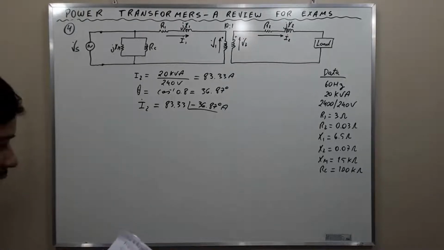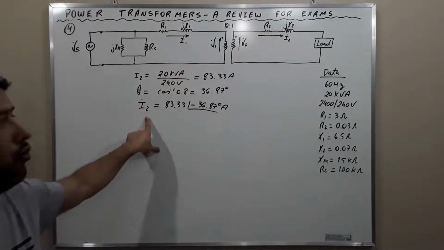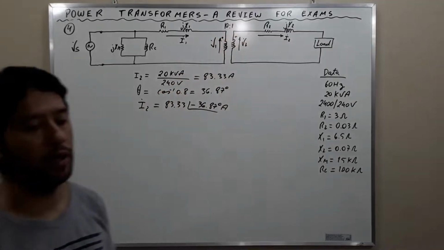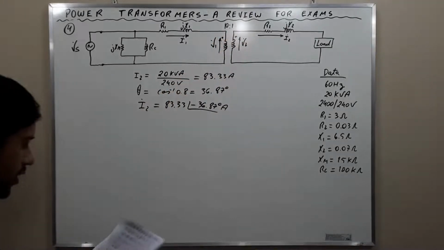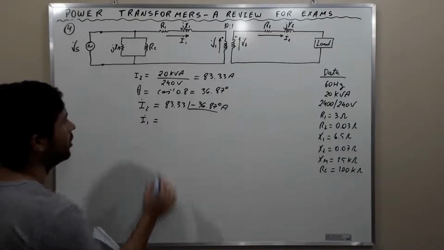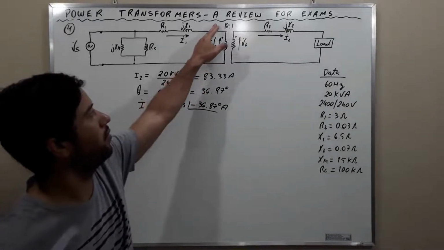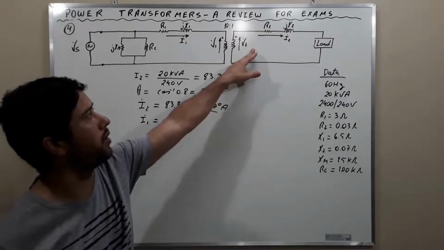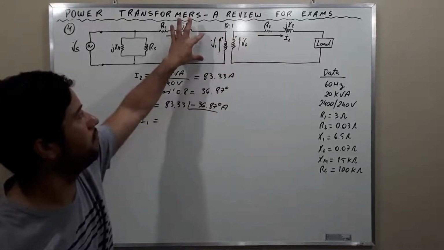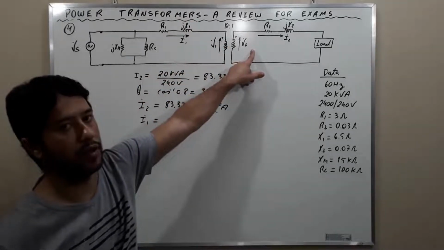The primary side current is related to the secondary side current by the turns ratio. To calculate I1 using I2, we need to consider the turns ratio of the transformer. Therefore, I1 is equal to, observe that it is a step-down transformer, meaning that the voltage here is greater than the voltage here.